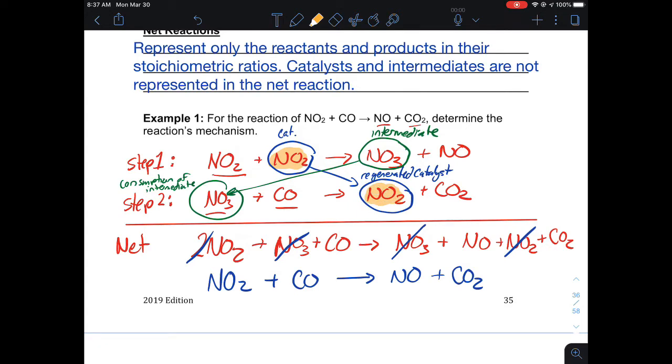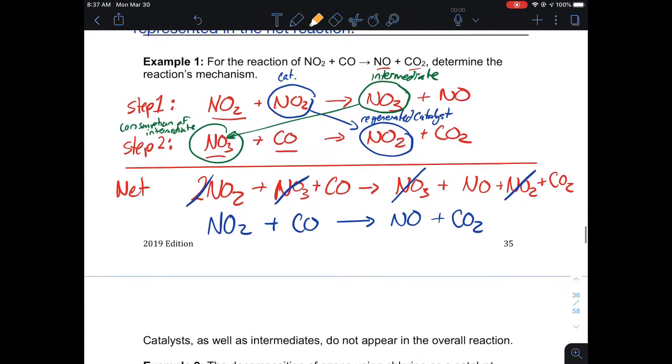So this is essentially a catalyst of nitrogen dioxide. As an experimenter, you might have had some problems with your experiment if you didn't provide an excess of nitrogen dioxide. Because if you used only exactly as much nitrogen dioxide as you thought you needed, then that nitrogen dioxide would get used up, and then there wouldn't be enough nitrogen dioxide left to catalyze your reaction.